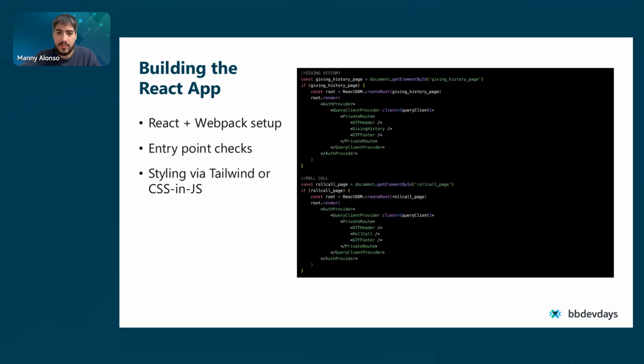In the way we build the React app, we use Webpack. The reason we chose Webpack was because it builds it into a single JS file. It packs in all the CSS and all the JS into one single file, and it's just easier for us to use and distribute into different places.